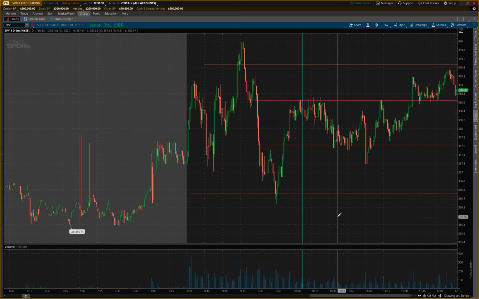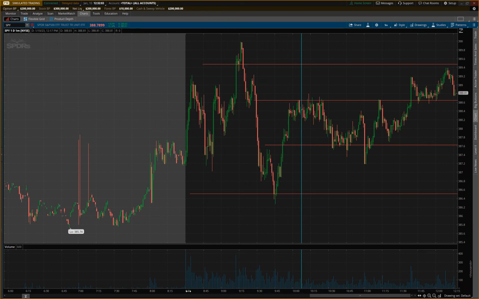So I'm going to go ahead and share my TD Ameritrade screen here. As you know, if you've watched the previous video, we've set our supply and demand zones, these red lines. Generally, I personally don't trade in about the first hour and a half of the day.